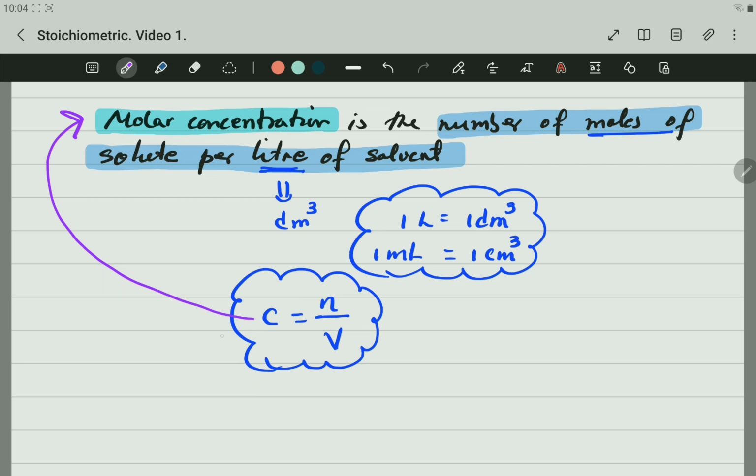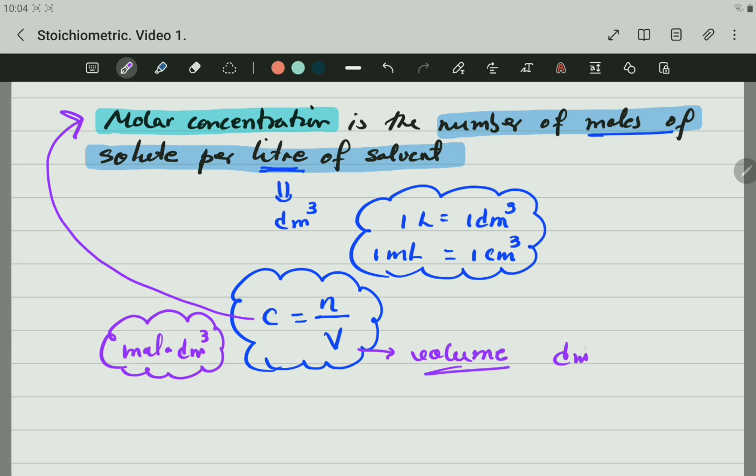Now note that the unit for concentration must be mole per decimeter cubed. So if the volume is not in decimeter cubed, it must be converted. From centimeter cubed to decimeter cubed, you must divide by 1,000. So this is volume, and it must be in decimeter cubed.